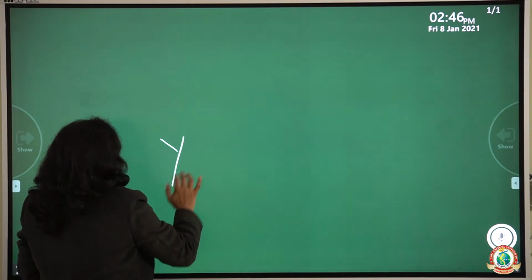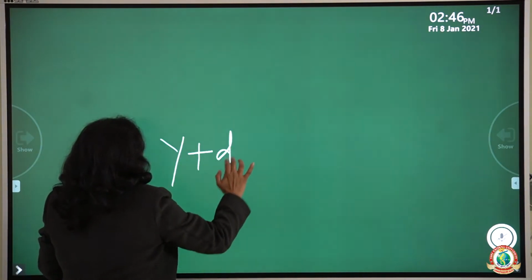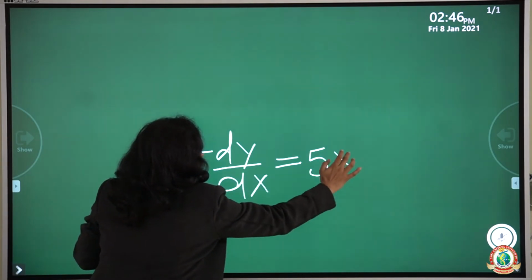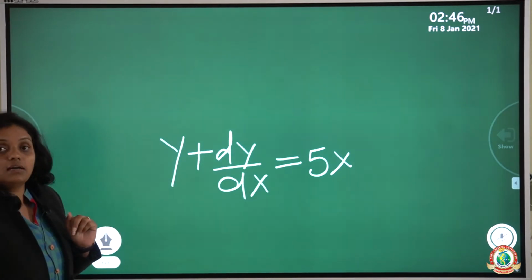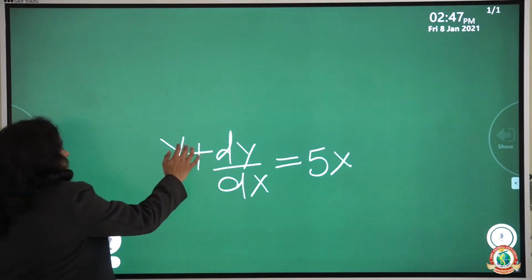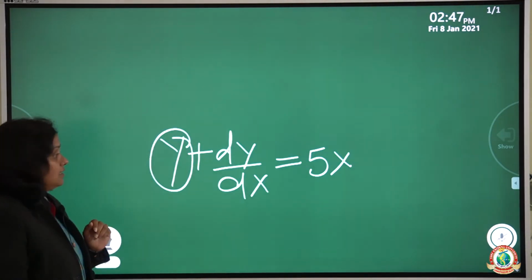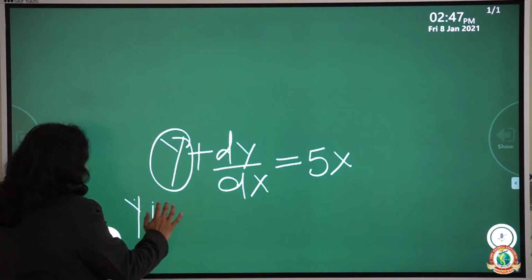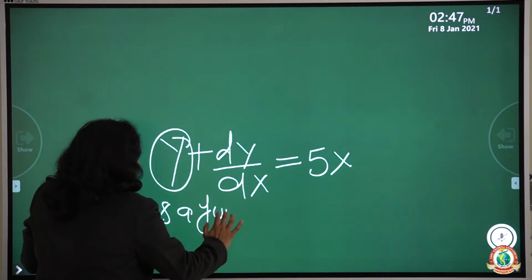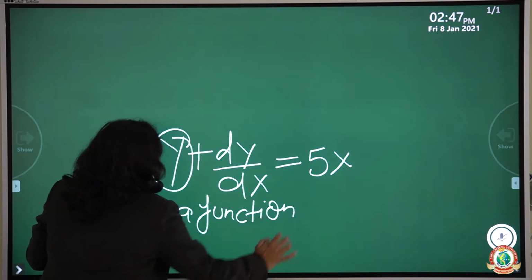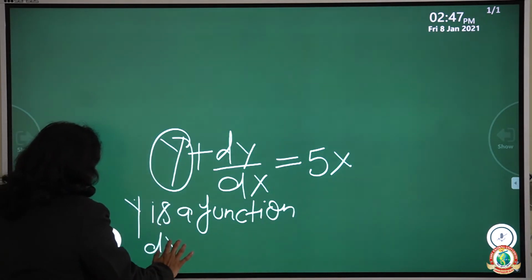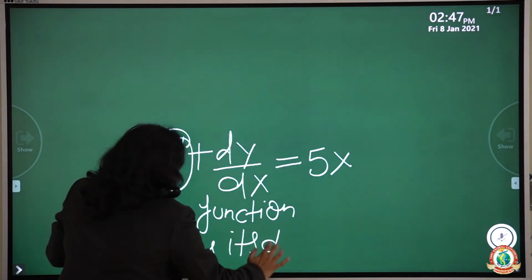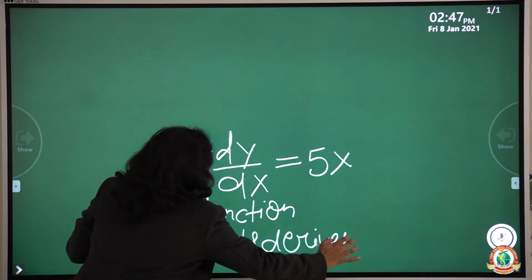If y + dy/dx = 5x, then according to the definition of a differential equation, y is a function and its derivative is dy/dx, where y is a function and dy/dx is its derivative.